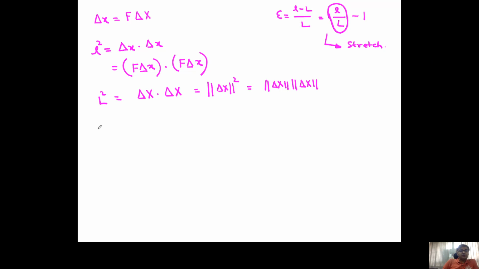So now what I'm going to do is stretch. So let us say lambda is my stretch. So lambda square is l square by L square, right?